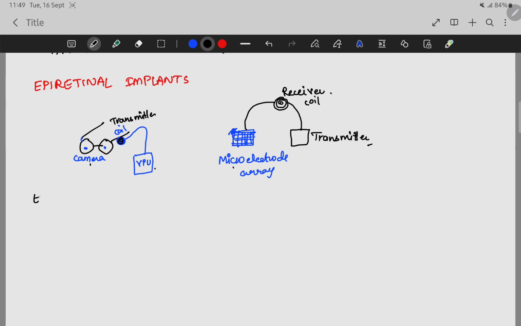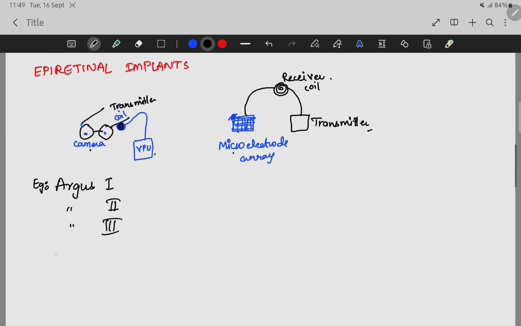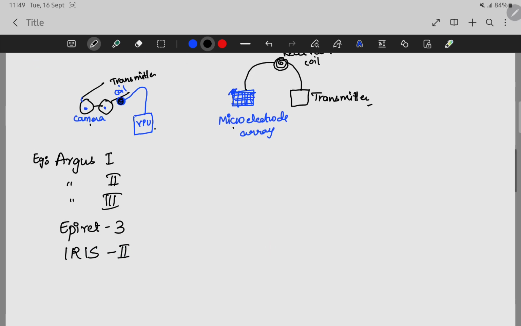So coming to the examples, it is Argus 1, Argus 2, Argus 3, Epiret 3 and Iris 2. So these are indicated in patients with outer retinal degenerative diseases.